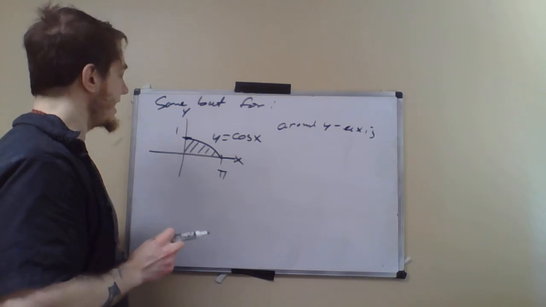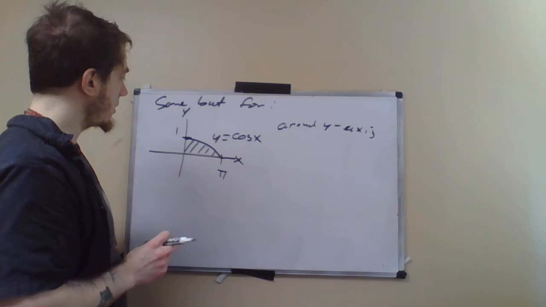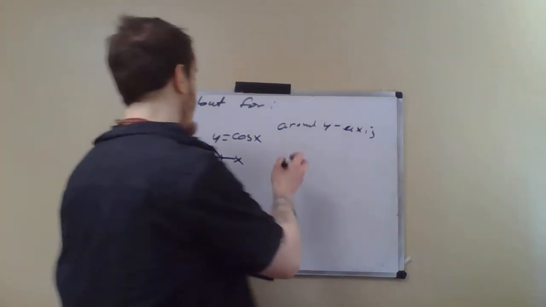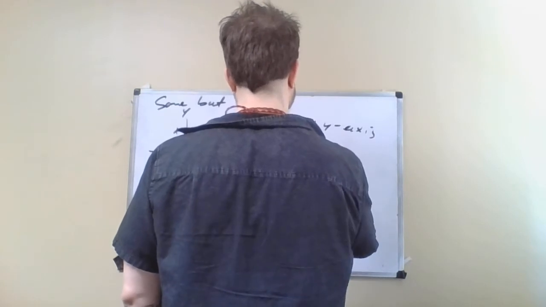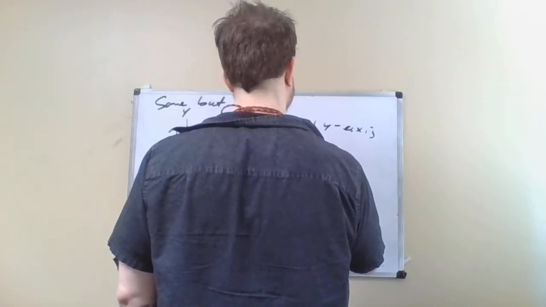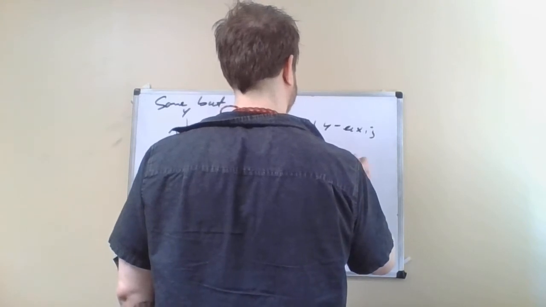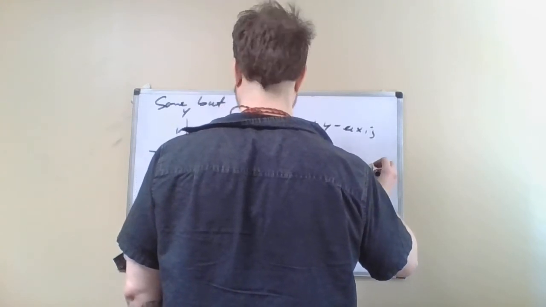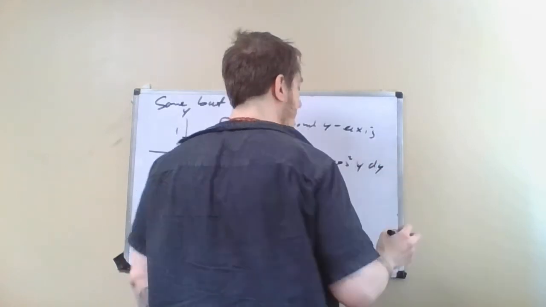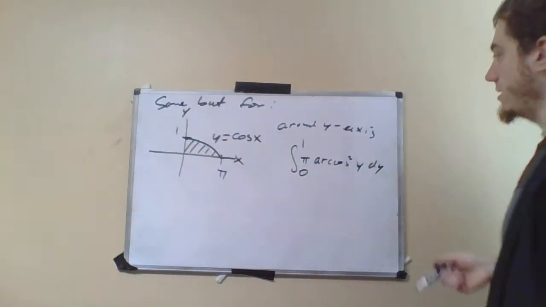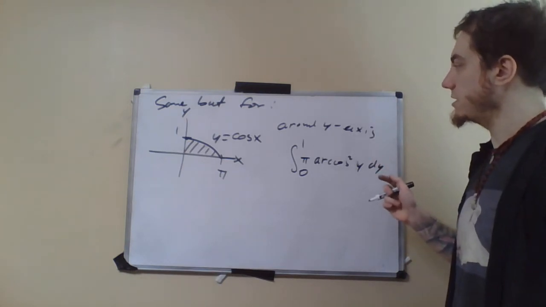X is equal, yeah, it's just x equals arc cosine y. However, we would then have to square it, so we would end up with this integral from 0 up to 1 of pi times arc cosine squared x, or y, dy, and I'm just worrying here whether I need to put in a negative, but I don't believe I do.